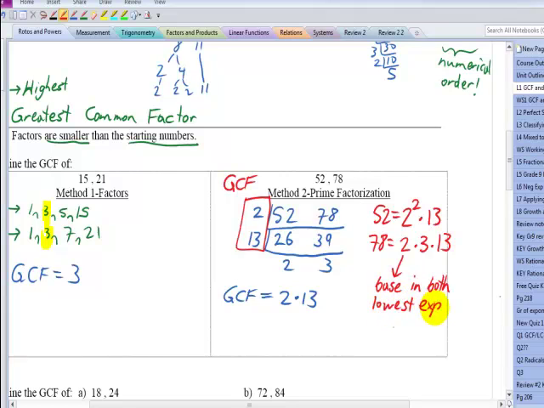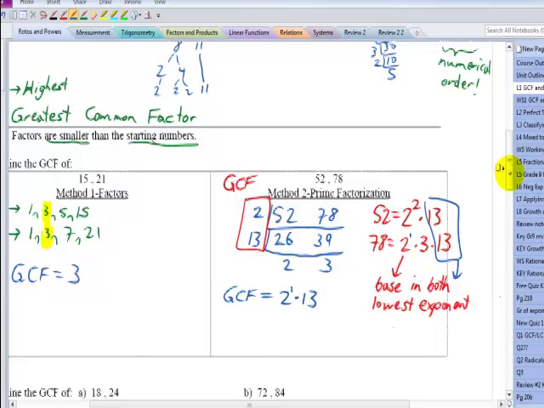So we have a 13 in both of them. There's a 2 in both of them, but we use the exponent 1. Most of you are just going to look here and use that method, all right? So let's practice that a little bit.